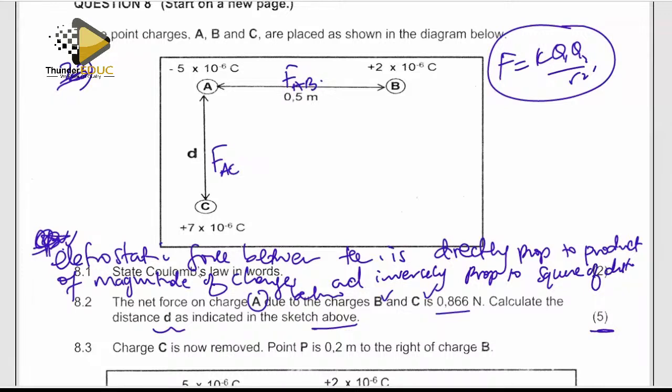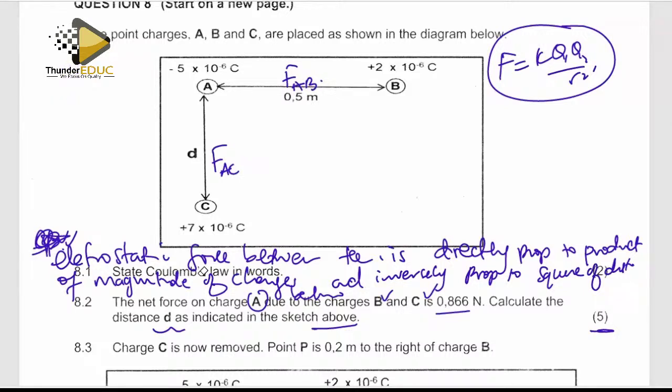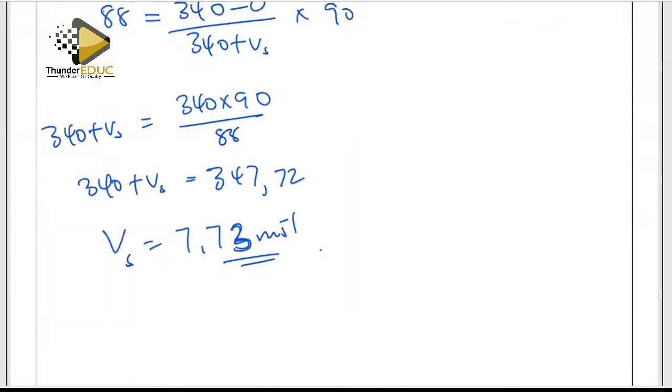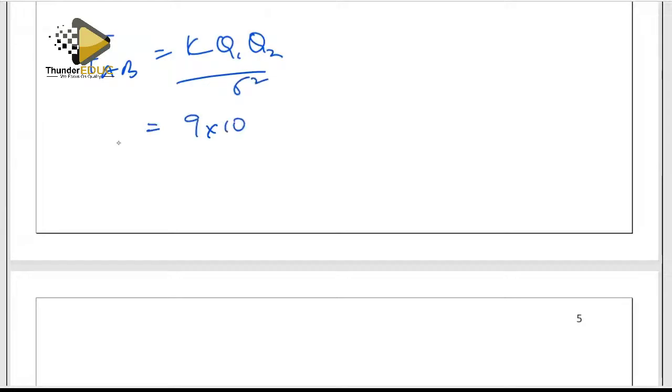So let me just start with it here. With our FAB, let me put this side because I don't have space there. We're saying FAB is K Q1 Q2 over R squared. So 9 times 10 to the 9.